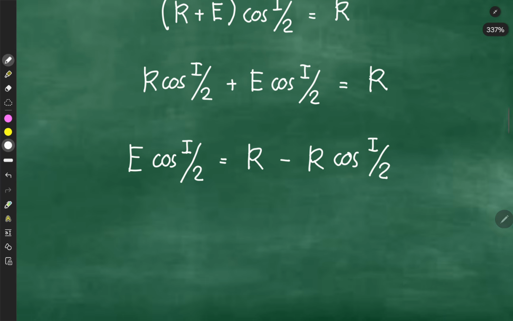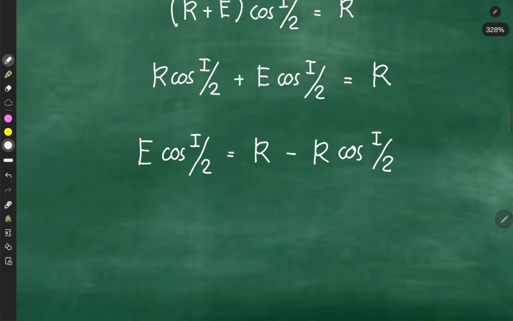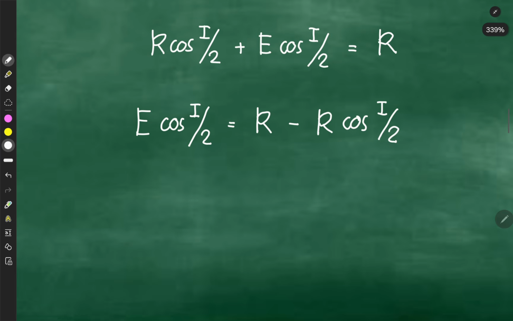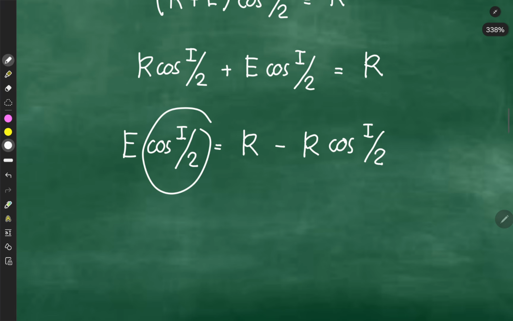Okay? Then factor out natin si R. So this will become, or i-divide na lang natin both sides ng cosine I over 2. Divide natin both sides by cosine I over 2, makakancel ito.